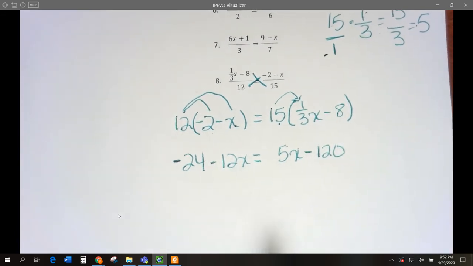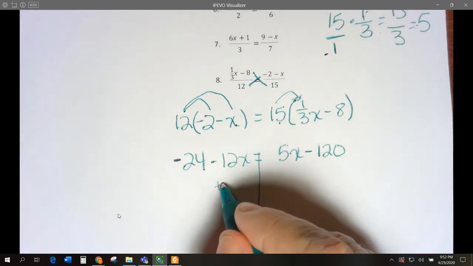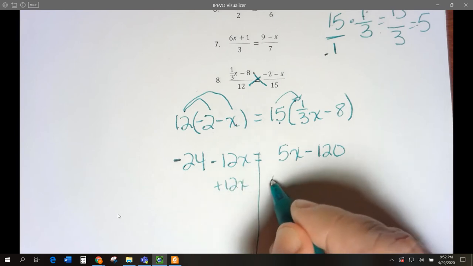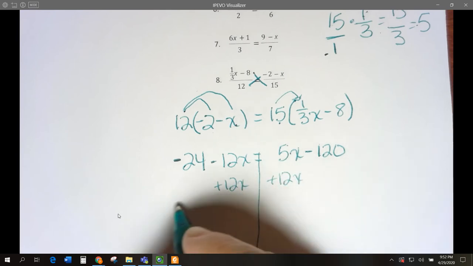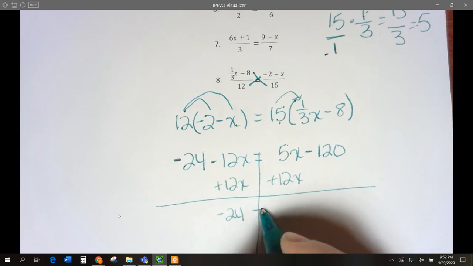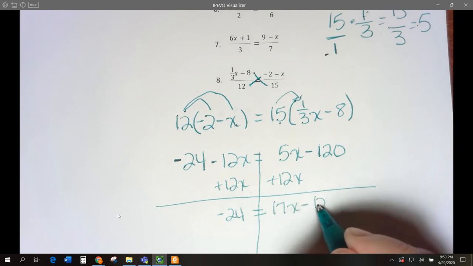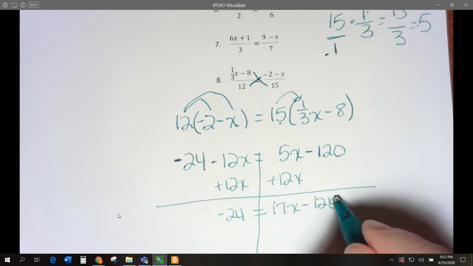Now we need to get our variables on one side. So we move the variable with the smallest coefficient, which is the negative 12x. So we're going to add 12x to both sides. We get negative 24 equals 17x minus 120, I'm sorry.